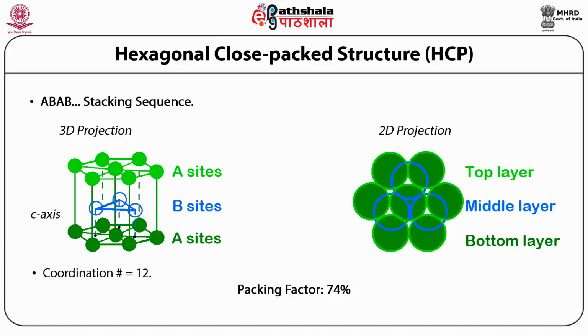The packing density and coordination numbers are similar to those of the FCC or CCP structure. Here, the (001) plane is the close packed plane with the [100] direction being the close packed direction.